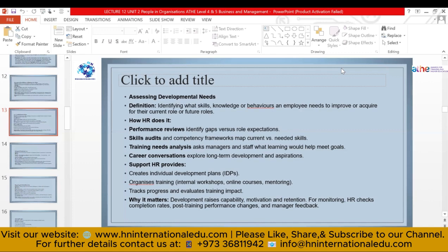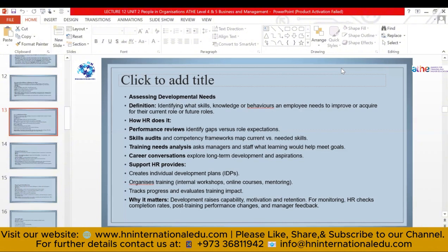Then comes tracking the progress and evaluating the training impact. Training impact, which you always get at the start of the job, on the first day. Why it matters: development raises capability, motivation, and retention. For monitoring, HR checks completion rates, within the organization and outside as well. Post-training performance changes: post-training means the training which we have given to the employee, what expectations we have now from them.